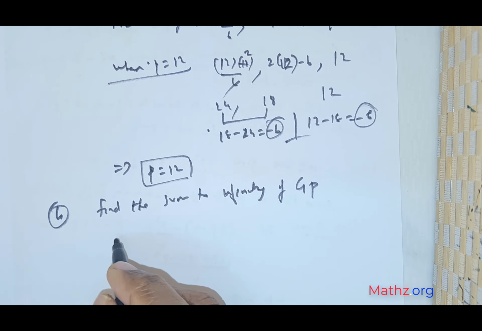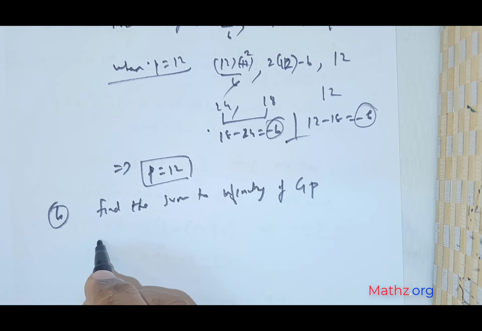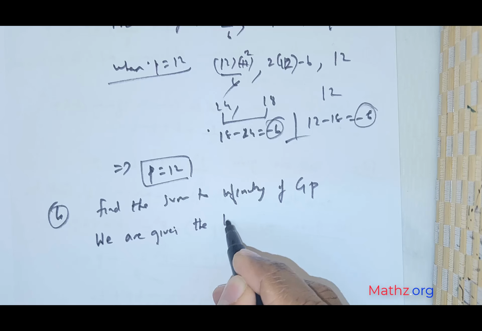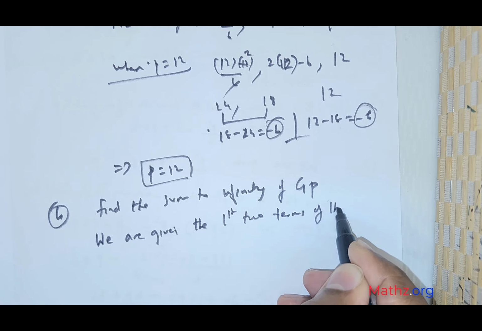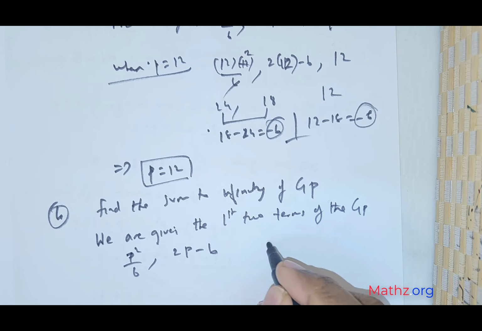We are given the first two terms of the GP, p squared over 6 and 2p − 6.